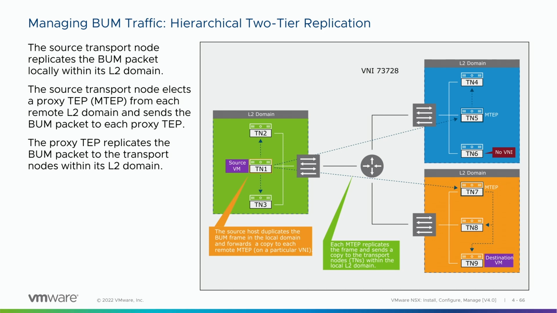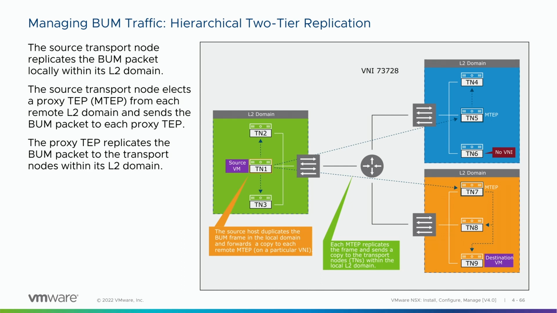We're going to look at subnets, and we're going to group transport nodes into local and different remote broadcast domains or subnets. And so transport node 1 is local, as far as the TEP subnet, to transport nodes 2 and 3.